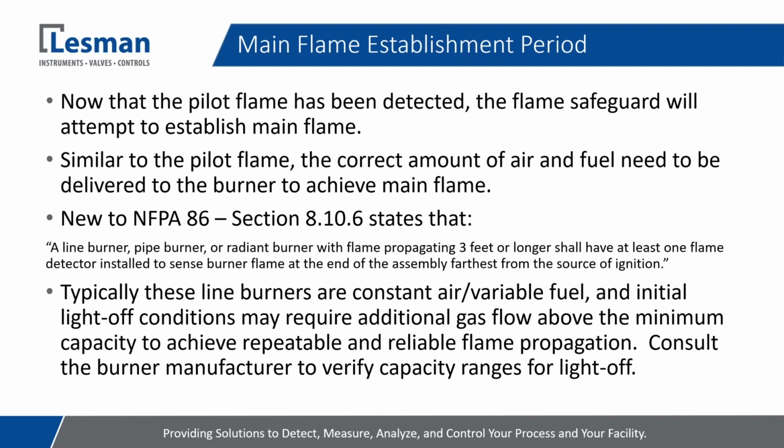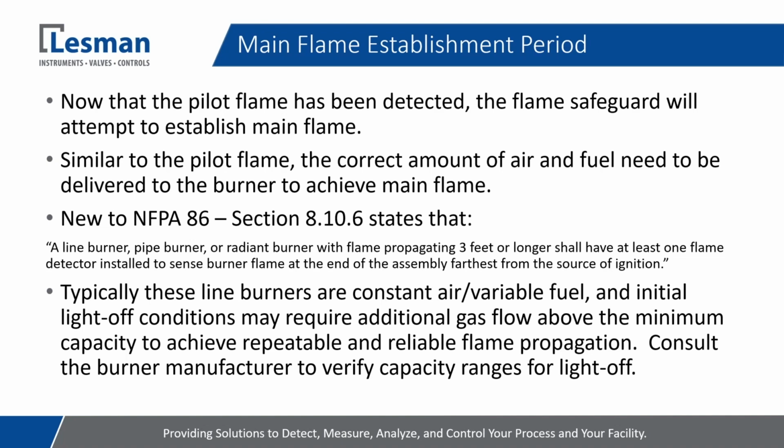I see sometimes that people are trying to ignite at too low of a light off position. If you give it more gas, it tends to light off quicker. And within NFPA 86, they don't say that you have to light off at low fire. You just have to light off at a safe position based on the burner manufacturer's recommendation.